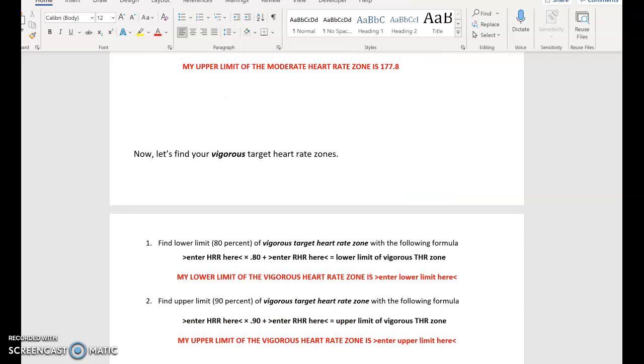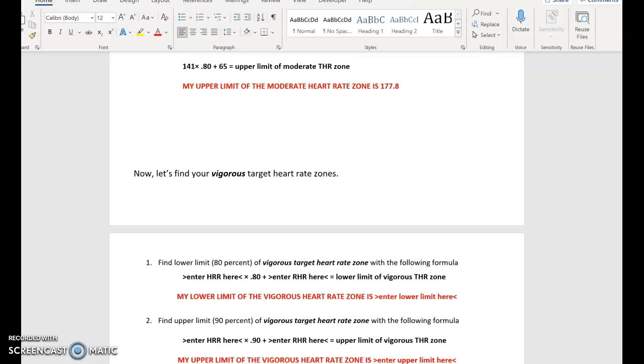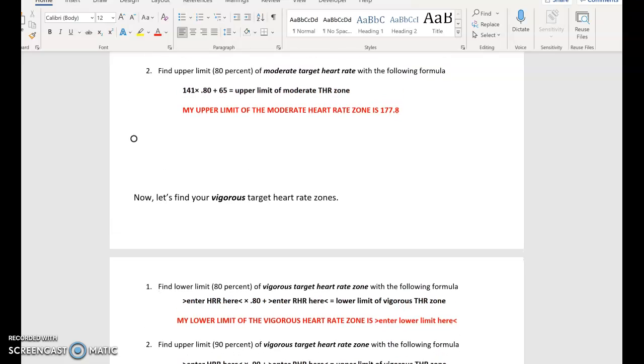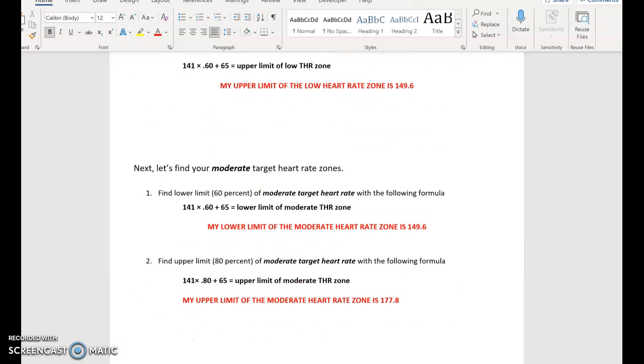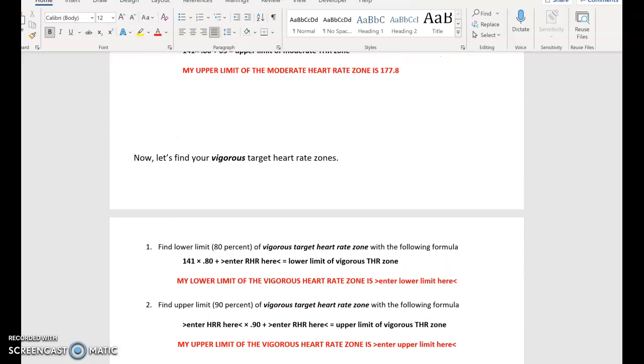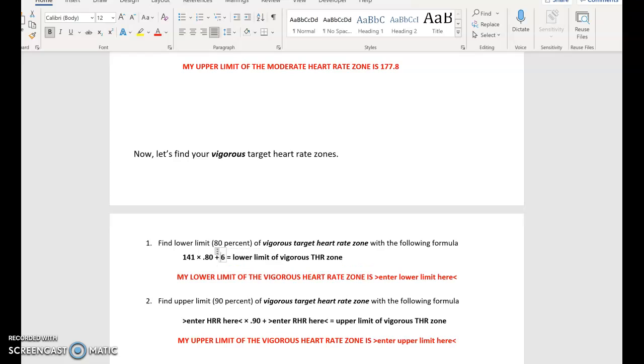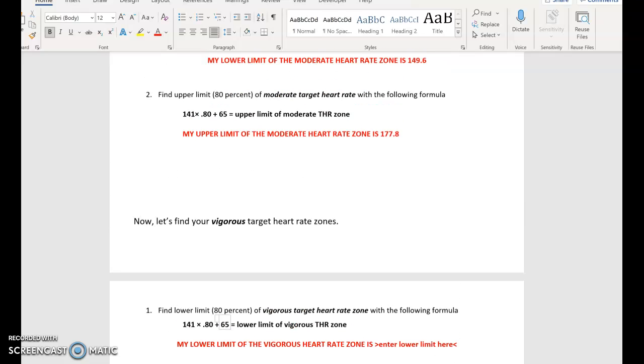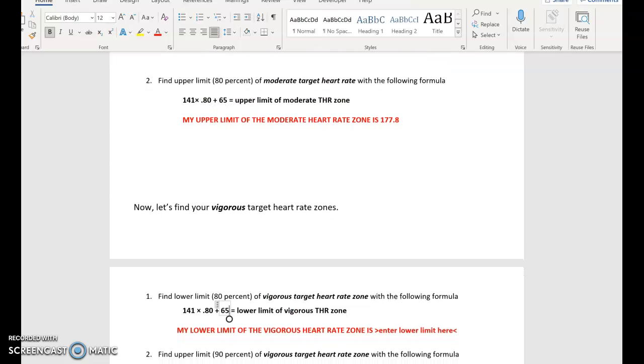Now for your vigorous zone, I'll just walk through this one quick too, because this is going to be 141. Wait, was it 141 or 144? 141. Yeah, that's correct. 141. Here we got 65. Again, this is multiplied by 0.8, just like the second one here. So this answer is going to be 177.8.